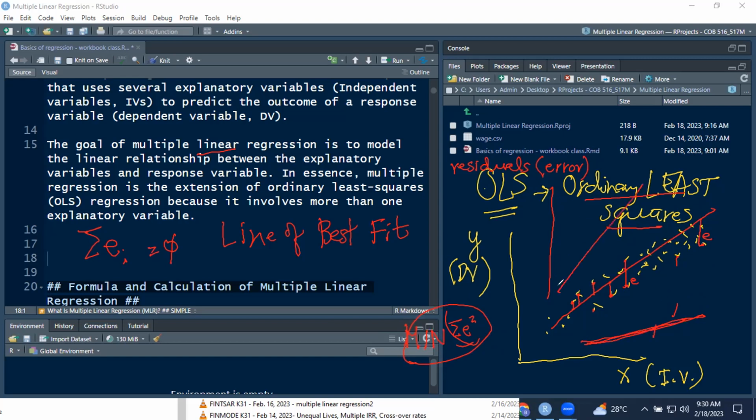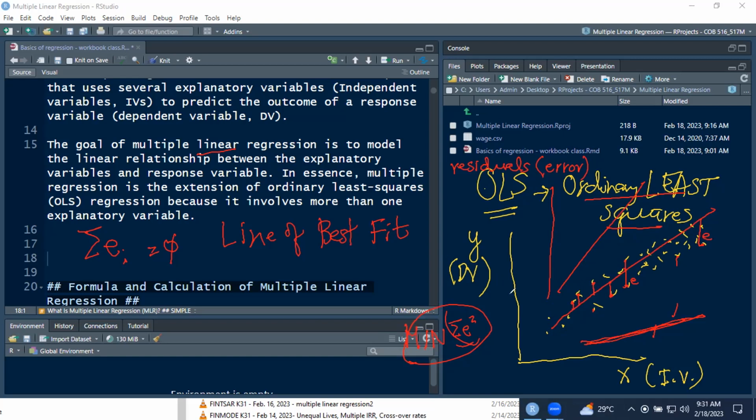The squared residuals will be very, very high. Now, the characteristic of this ordinary least squares line is that it is unique. Given these observations, you can only have one and only one line of best fit.